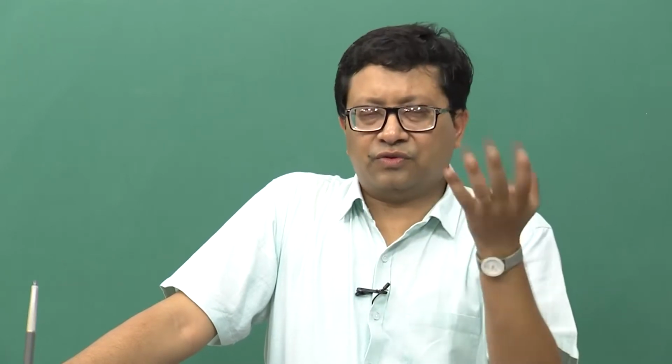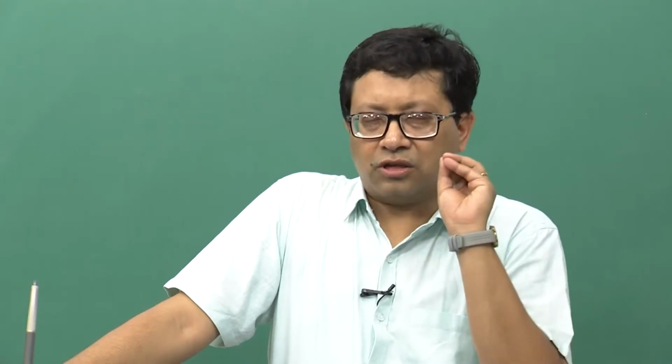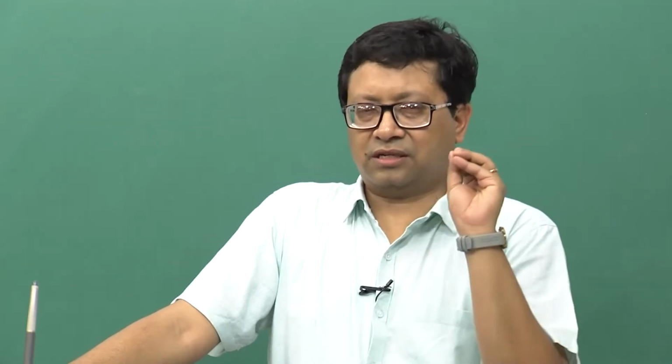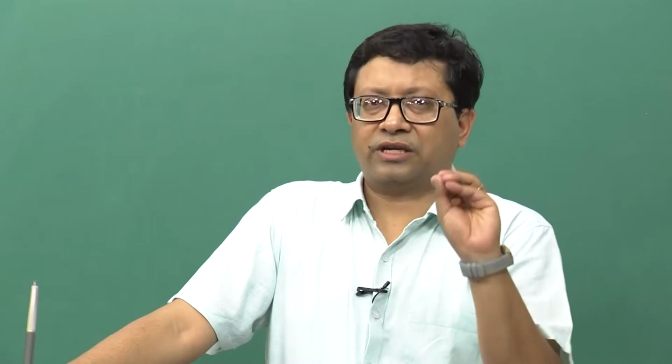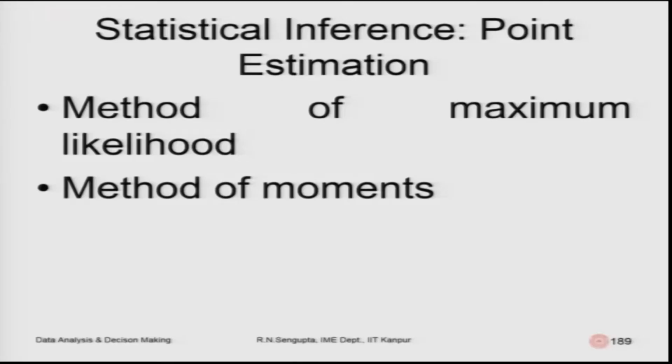So, whatever it is, we want to find out a particular value and check that the concepts of unbiasedness and consistency are met by that point estimate. There are different ways how you do that. Two of the methods quite popularly used are the method of maximum likelihood and the method of moments. I will very briefly discuss them without going into the proof. I will basically come to the results.